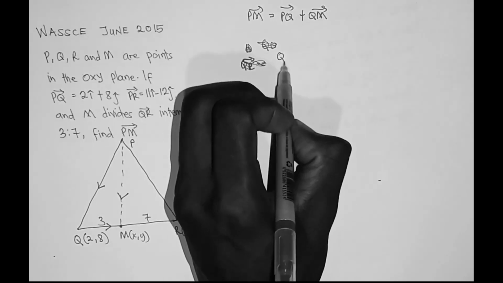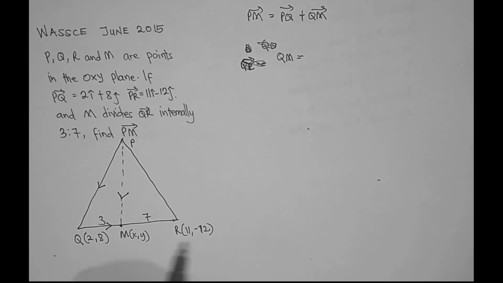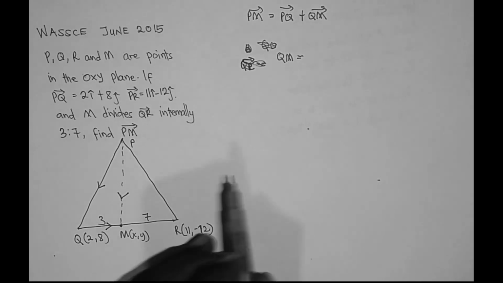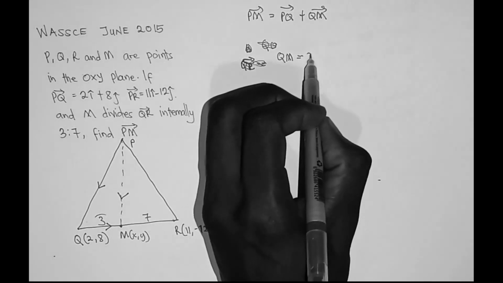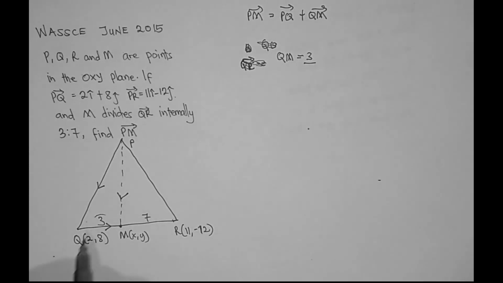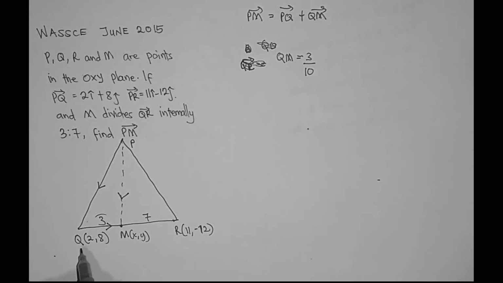The vector QM is in ratio 3:7 with the vector QR. So QM will be just 3 divided by the total ratio, which is 3 plus 7, which is 10, then times the vector QR.